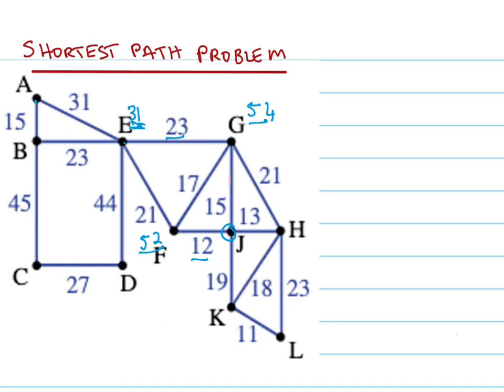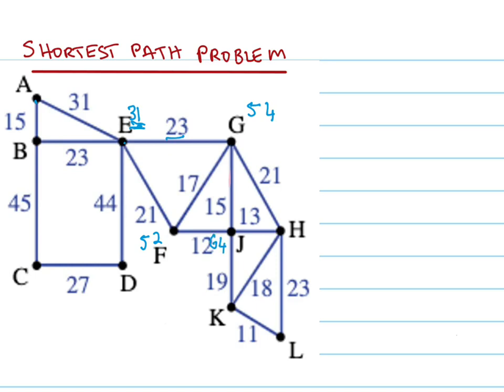Yep, that's lower, that's 64. I could, of course, get to J via H, but that would be way longer. So what are we concluding? That to get to J, in total, from A, it's going to be 52 plus 12 is 64. So I'm going to put a 64 right there.